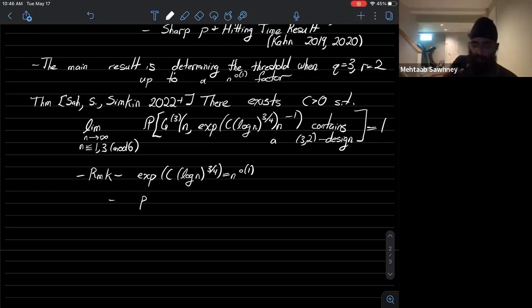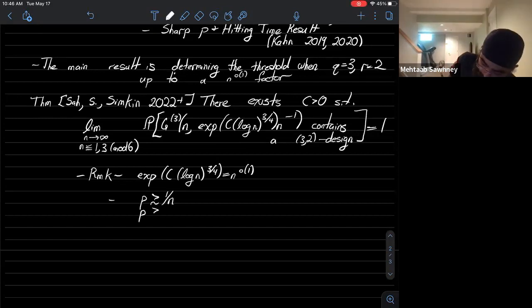Notice that a 3-2 design is a covering of the set of pairs with triples. There are approximately n squared pairs, and each triple is covering 3 pairs. So you need roughly n squared edges. So this forces P to be at least 1 over n. So that's why we know it's sharp up to a subpolynomial factor.